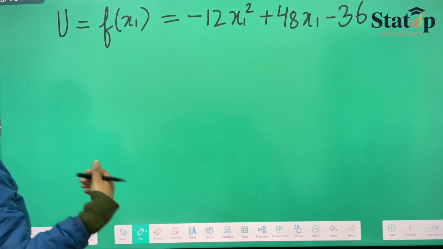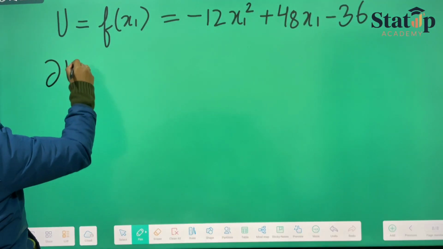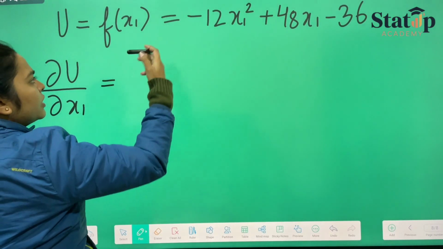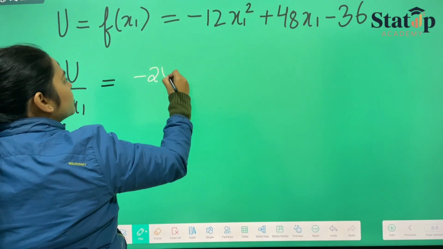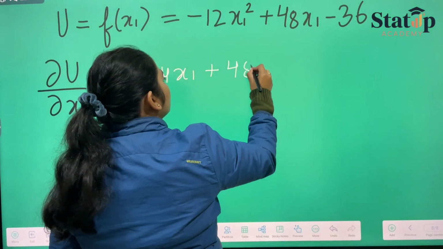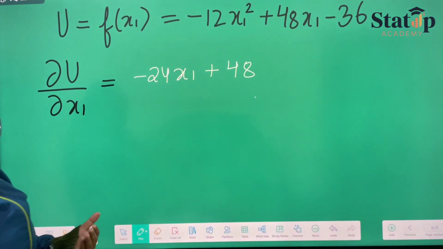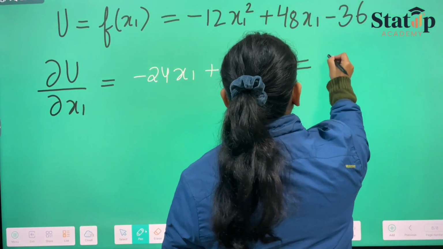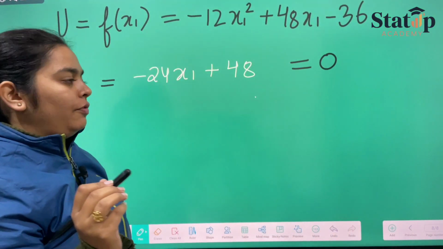Now we will differentiate this utility function with respect to x1. If we differentiate this with respect to x1, we will get minus 24x1 plus 48, right? And the first condition was to keep it equal to 0 so as to get the value of x1.